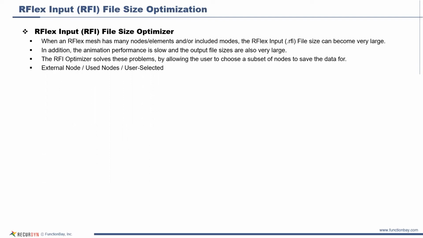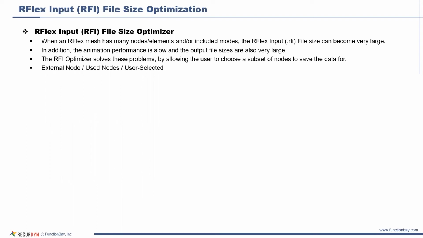In addition to the file size problem, there are also animation performance issues where the animation is a little bit slow. So the R5 file optimizer solves these problems by allowing the user to choose a subset of nodes to save and retain the data for.